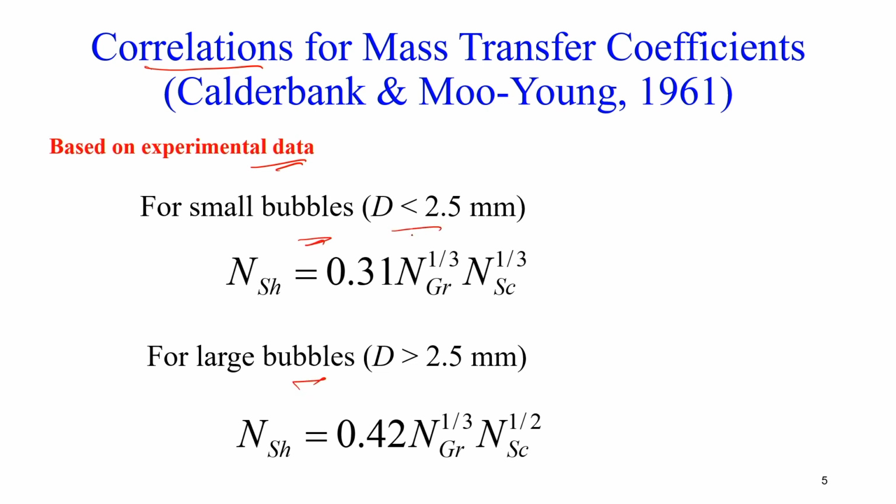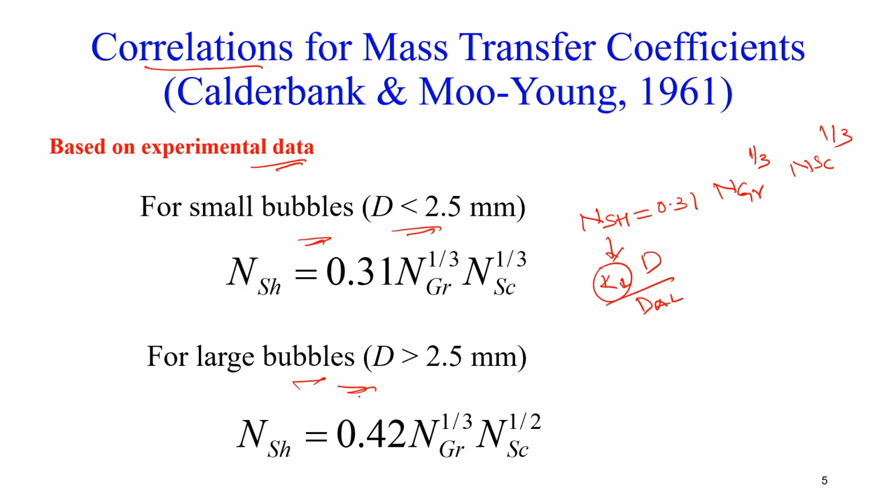If the bubble size is less than 2.5 millimeter, it says N_Sh, the Sherwood number, equals 0.31, Grashof number to the power 1 by 3 and Schmidt number to the power 1 by 3. And N_Sh is KL d upon D_AL, the diffusivity. So here we get the value of mass transfer coefficient.